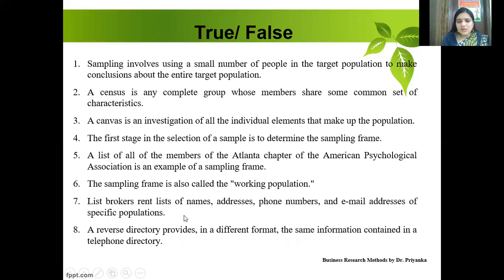Yes, it is true. A reverse directory provides the same information contained in a telephone directory in a different format. Yes, maybe city wise or geographical location wise, rather than alphabetical names.